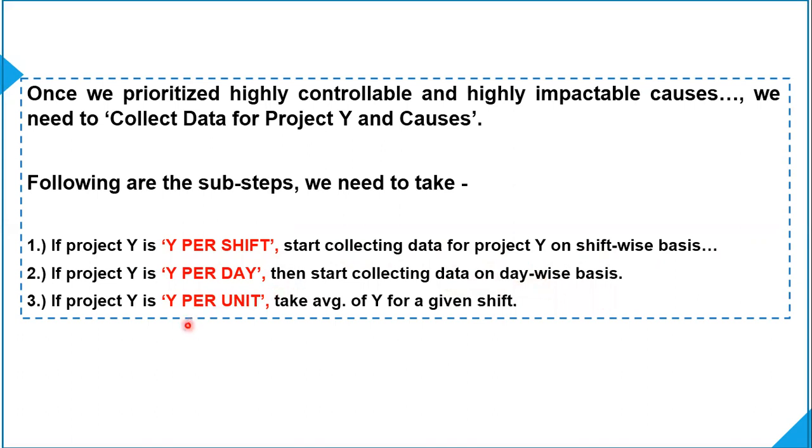And if it is Y per unit or per transaction, we will take an average of Y for a given shift, and that is how we are going to collect the data. It is as simple as that. Once we understand these three substeps or conditions, I think the rest is the easy part. Let's go to the next slide.